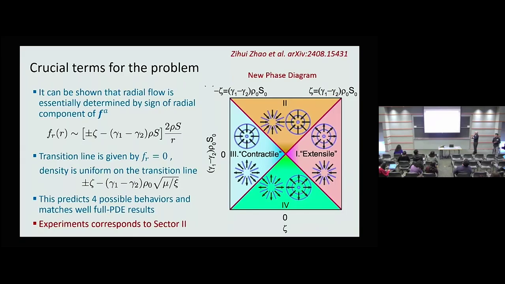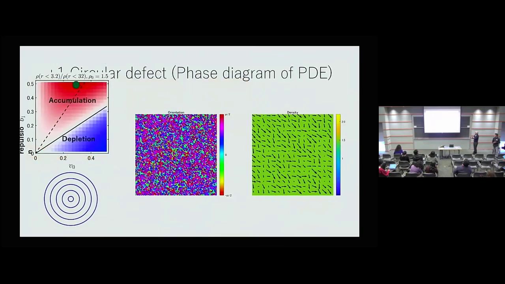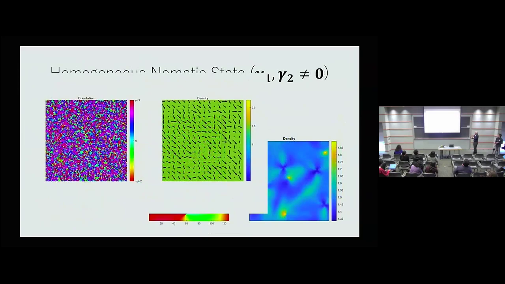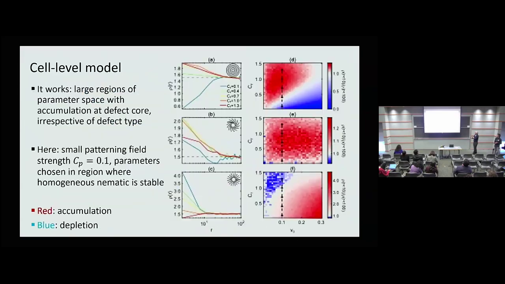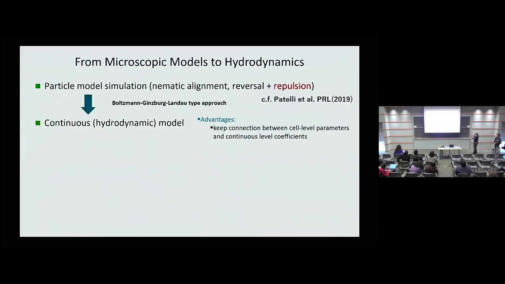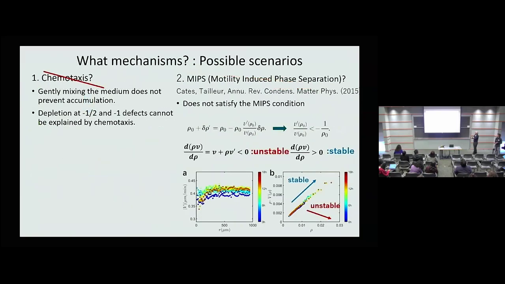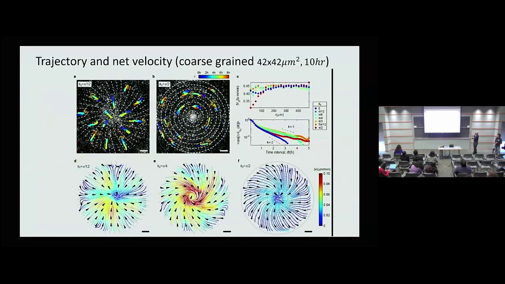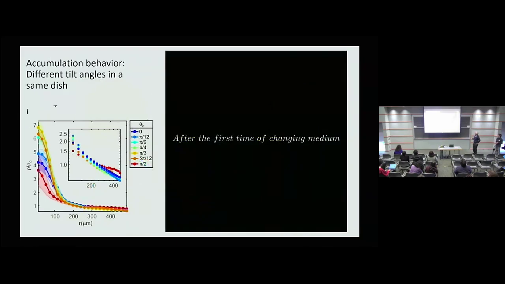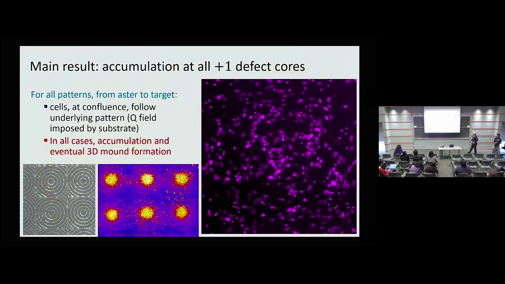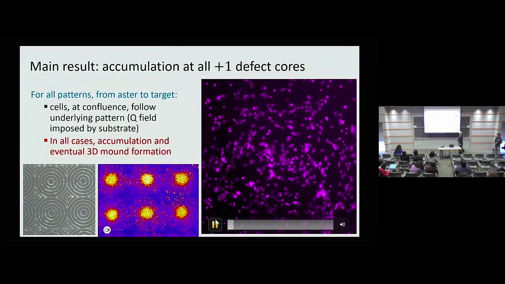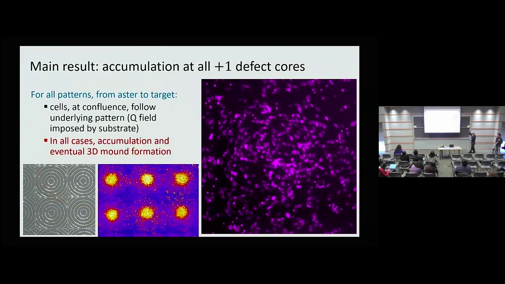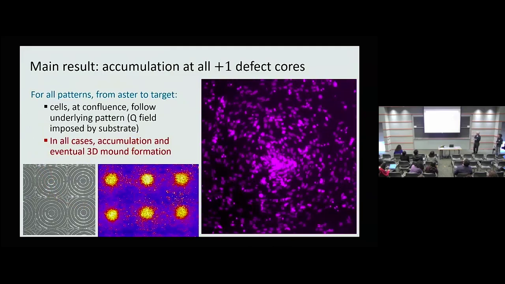In some movies, from the beginning, you see some cells are already attracted to the target pattern. So it means there will be some similar effect even at the low density. This one, I don't know, this may be already high density. But with this kind of pattern at low density, we see some attraction.